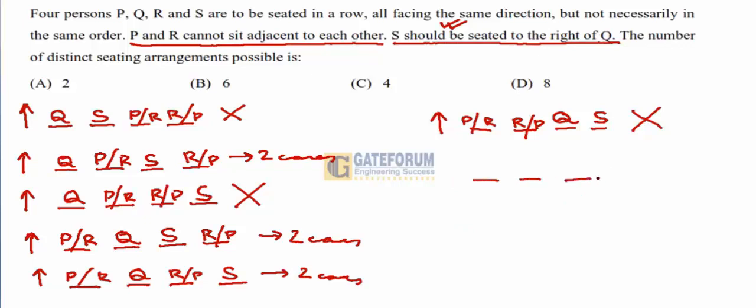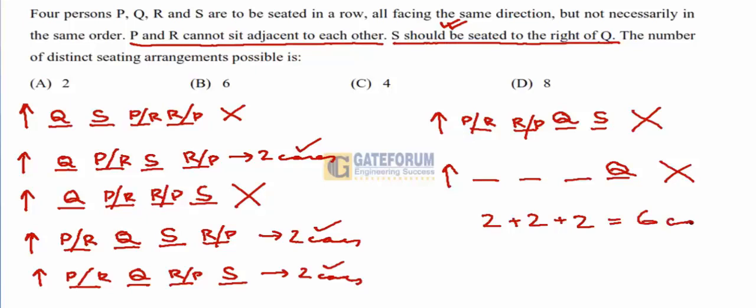Well, another case. Now Q sits at the extreme right. But this is simply not possible because where will S sit to the right of Q? So as we can see, only these cases are possible and the total number of cases are 6 cases. So this is our answer.